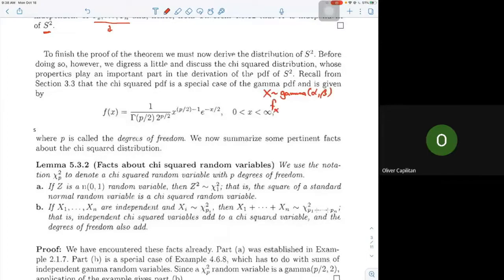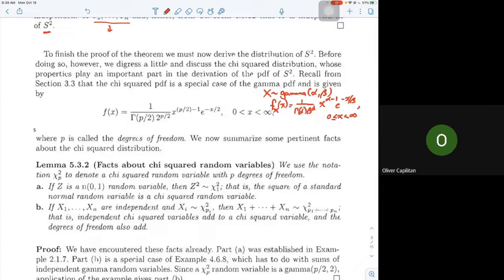The PDF is 1 over gamma of alpha beta to the alpha, times x to the alpha minus 1, times e to the negative x over beta, where the support for x is x greater than or equal to 0.